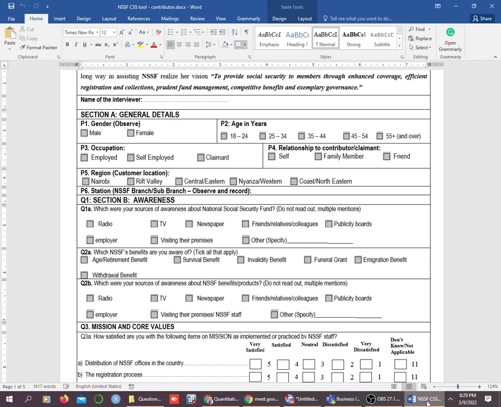If you read the question, it says, which were your sources of awareness about NSSF? And the instruction says, do not read out, and it's multiple mention. So this is a very deliberate move, because the person who came up with this questionnaire was so sure of what he wants.